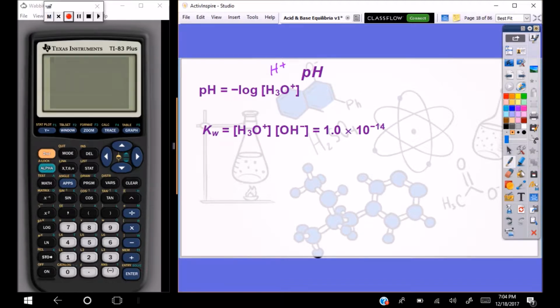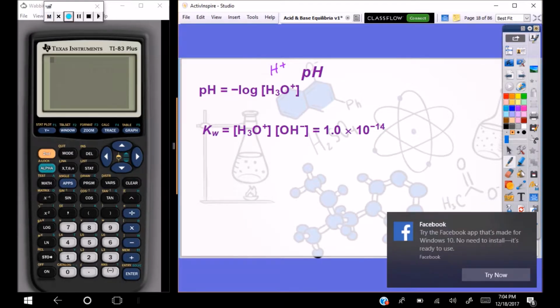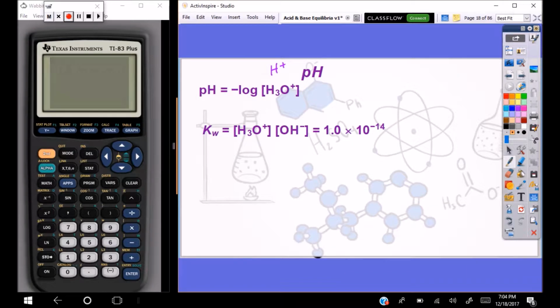Now, if you remember, on the last play pause we talked about how we have Kw, which is the equilibrium constant for the auto-ionization of water. That is equal to 1.0 times 10 to the negative 14. If we try and take the log of everything, it actually causes us to get a more linear scale than what we had before.